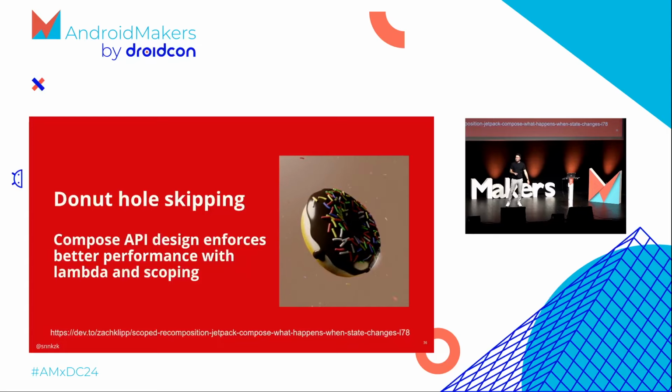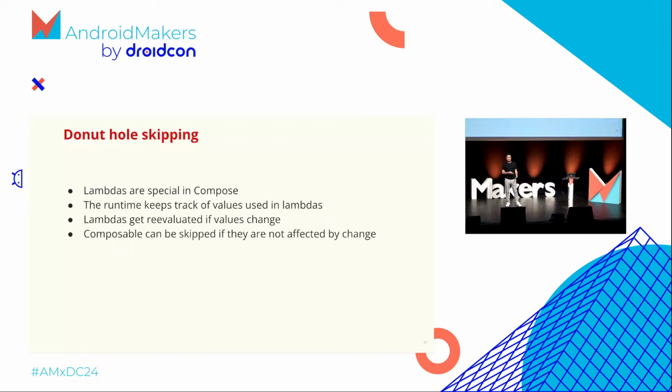And if any of those change, it tries to re-evaluate that lambda. But the good part is, they keep track of what's happening. And if you have a smaller scope in your functions that gets values from outside, that kind of gives you a special power.